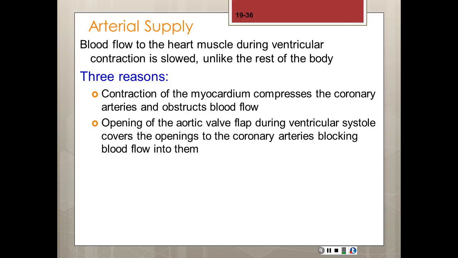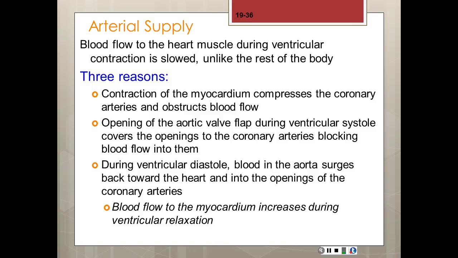Then during ventricular contraction, the aortic valve is pushed open and the cusps block blood flow into the coronary artery openings. And thirdly, during ventricular relaxation, which is our diastole, blood in the aorta briefly surges back toward the heart, and some of it flows into the coronary arteries.